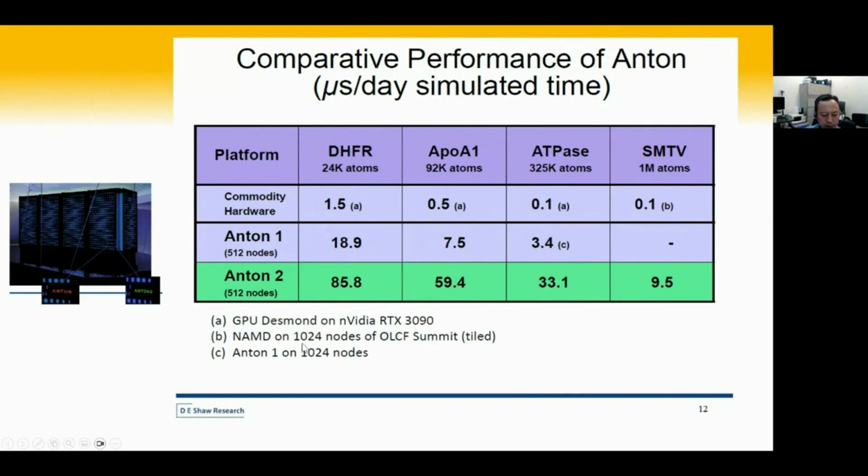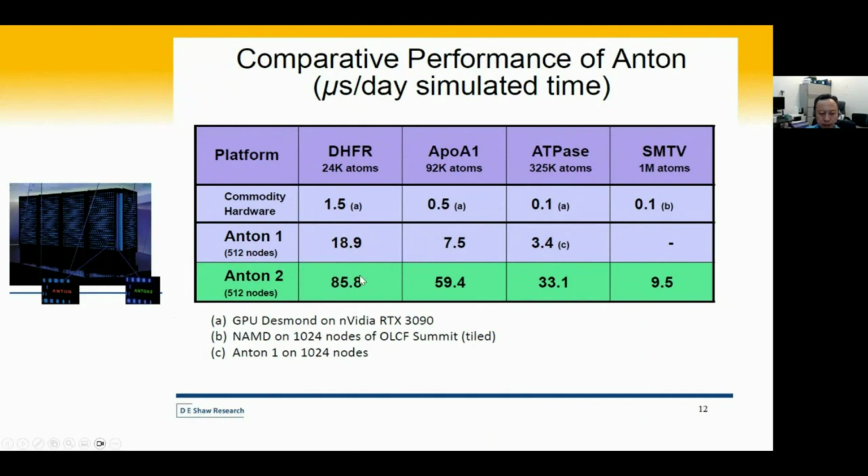For example, here using 1024 nodes of existing CPU, you can see the throughput difference. If you use commercial hardware, you can only run 1.5 microseconds per day, and with Anton 1, it's roughly a tenfold increase in speed.